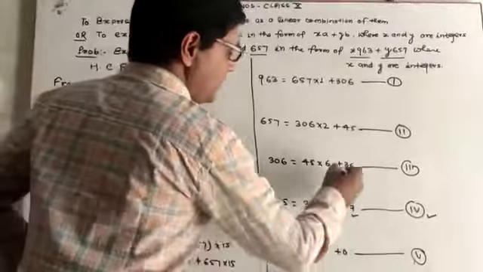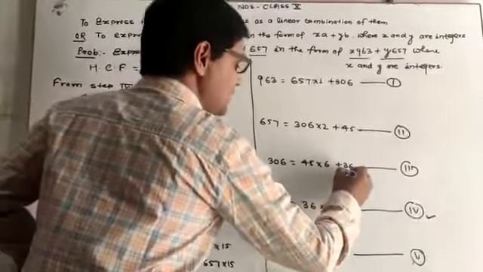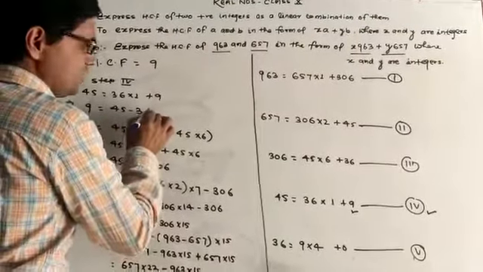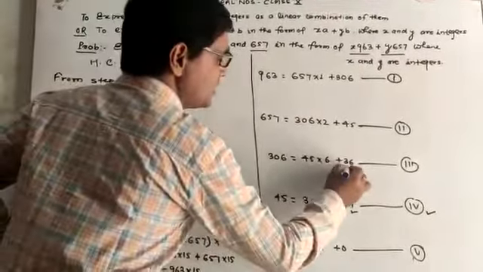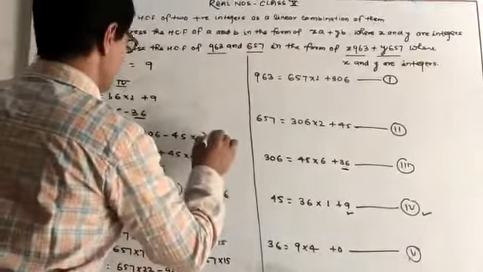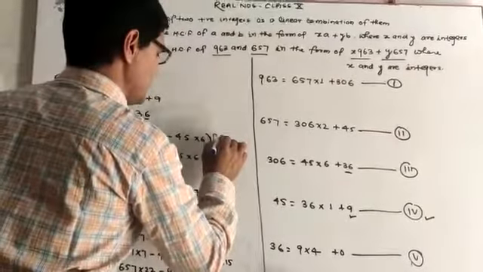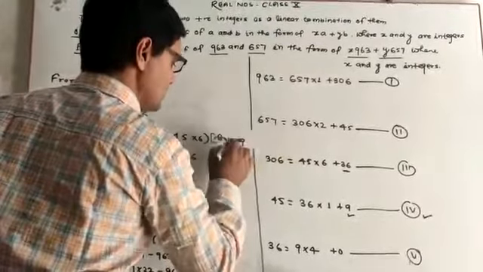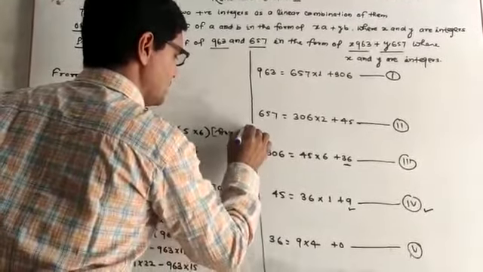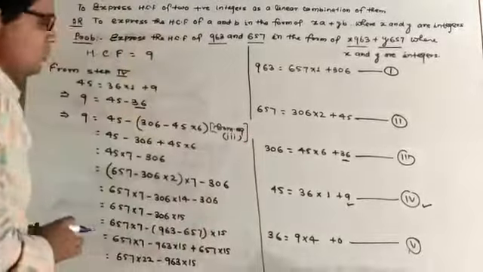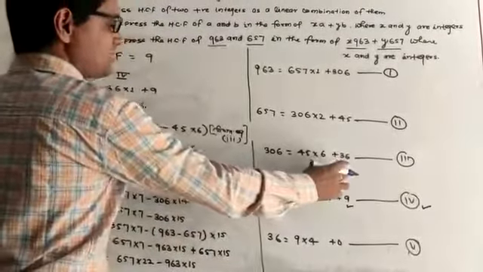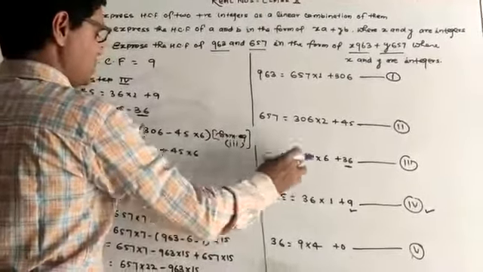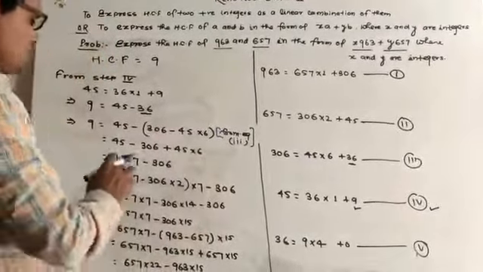Now we will replace the second remainder, that is 36. From equation 3, you can replace 36 by 306 minus 45 into 6.